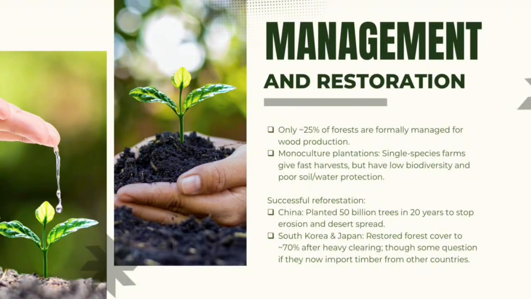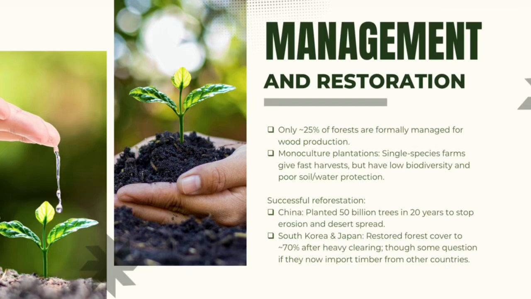This time, let us discuss management and restoration. Taking care of our forests and bringing back damaged ones is very important. Let us look at how we do this and what results we have seen so far. Our current situation is that only about 25% of forests are officially planned and managed just for wood production.